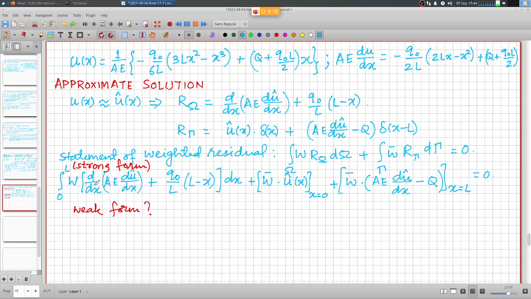Weak form will be when we treat the derivative here, so integration by parts on the first term. So we have w multiplied by ae times du hat by dx at x is equal to L, minus w ae du hat by dx at x is equal to 0.